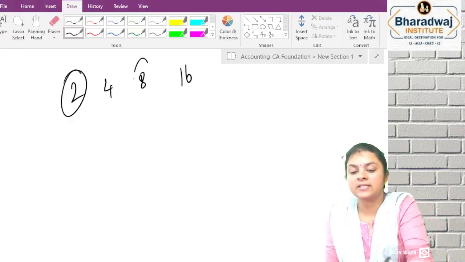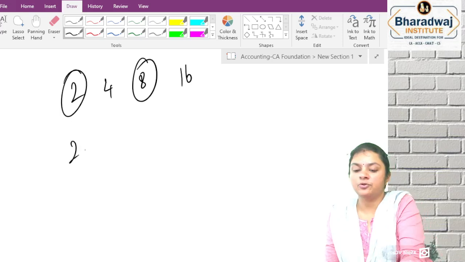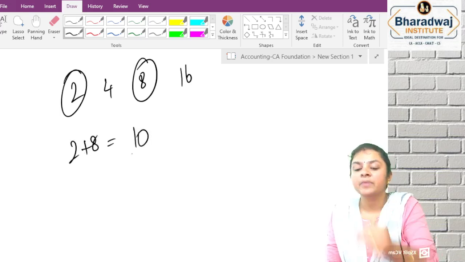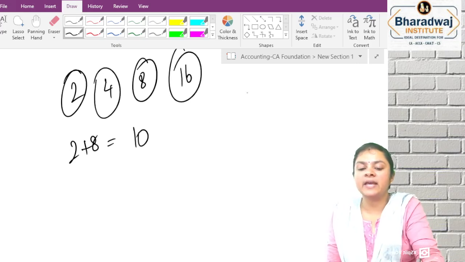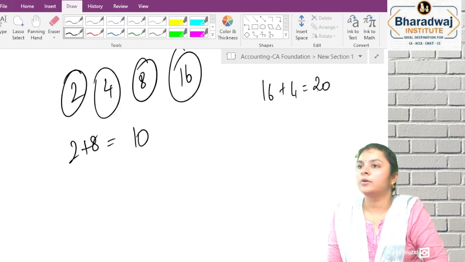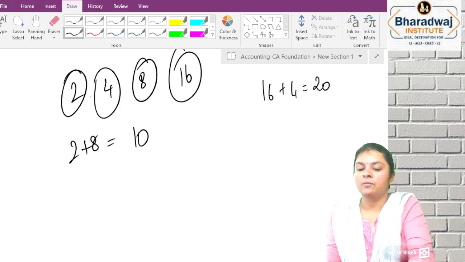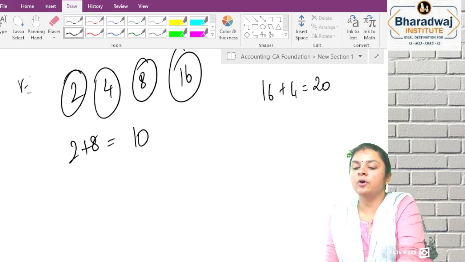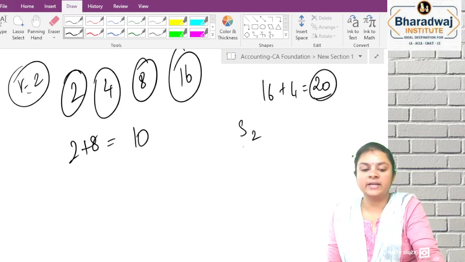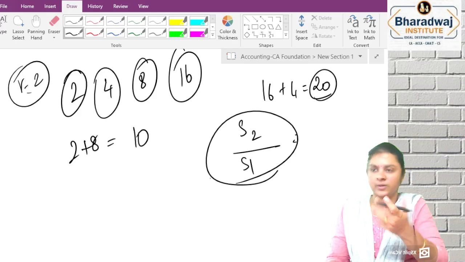Odd places are the 1st and 3rd terms, so 2 and 8. 2 plus 8 is 10. Sum of terms occupying the even places is 20. What is the common ratio here? 4 by 2. Now 4 by 2 here can be written as S2, which is 20, divided by S1. So the answer is S2 by S1.